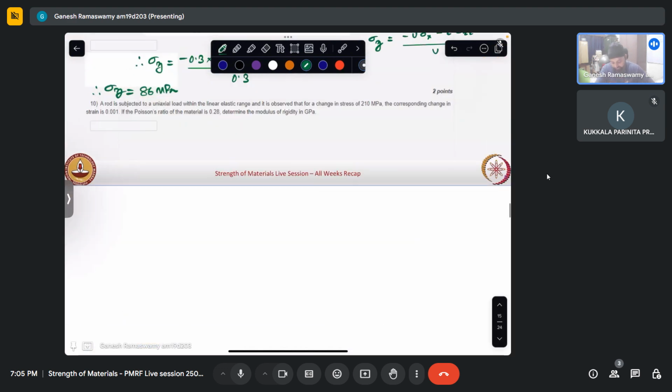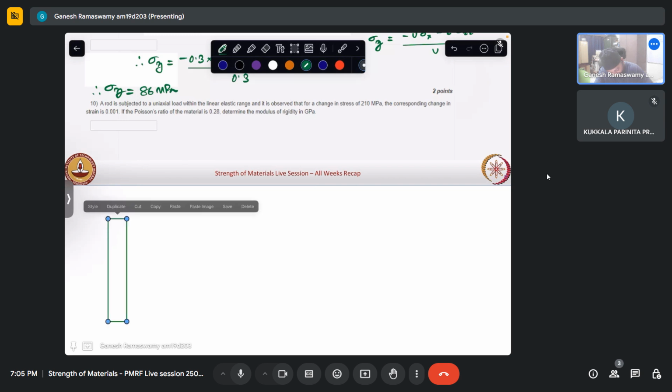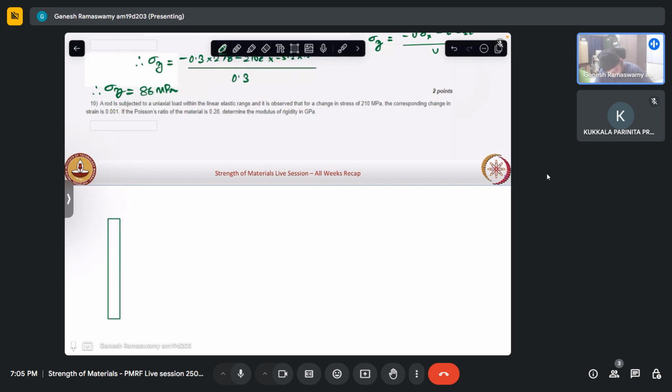So this question says a rod is subjected to a uniaxial load. So we have a rod like that. It is subjected to a uniaxial load in the linear elastic range.